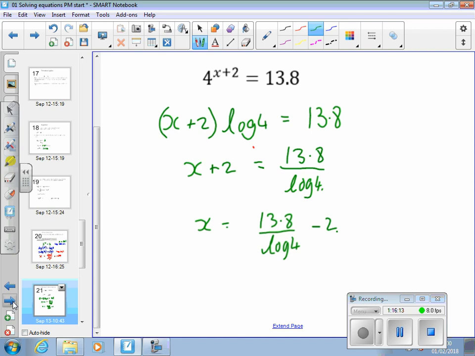He's written that bit as x log 4 plus 2 log 4.